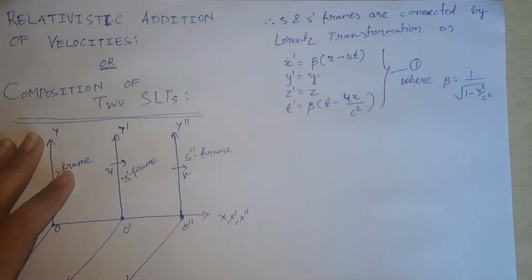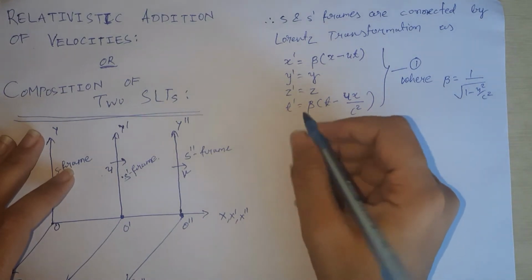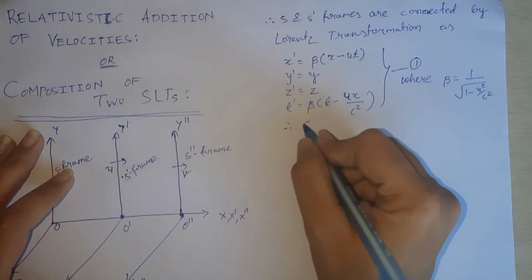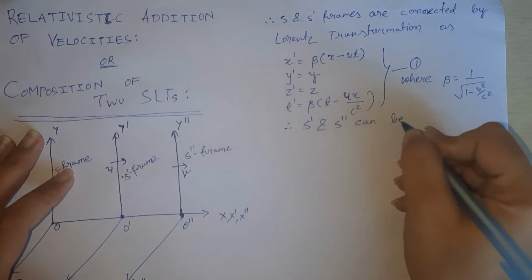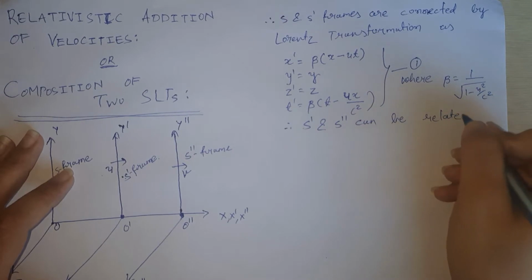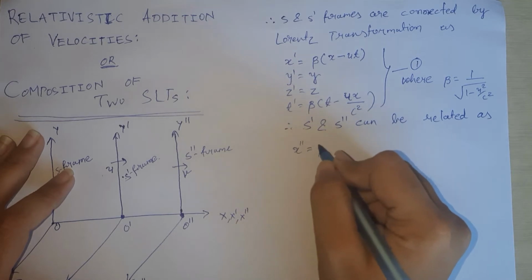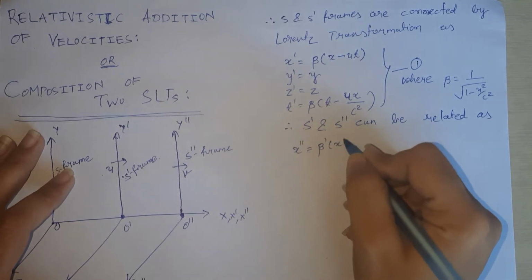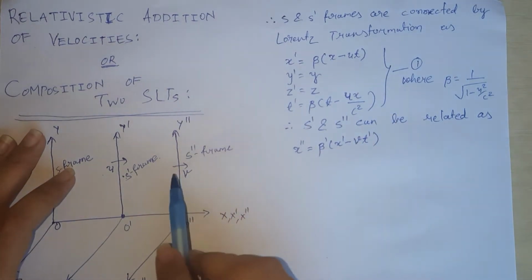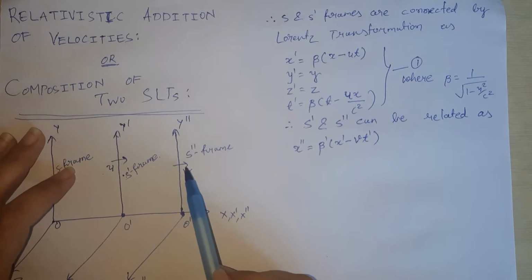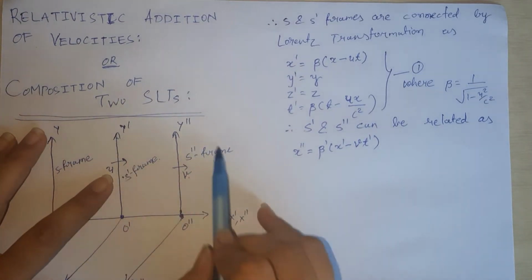Similarly, the frames S dash and S double dash are also connected by Lorentz transformation. So the relation can be given as x double dash is equal to beta dash into x dash minus v into t dash, because the speed of S double dash is v, and we are giving the relation between the S dash frame and the S double dash frame.